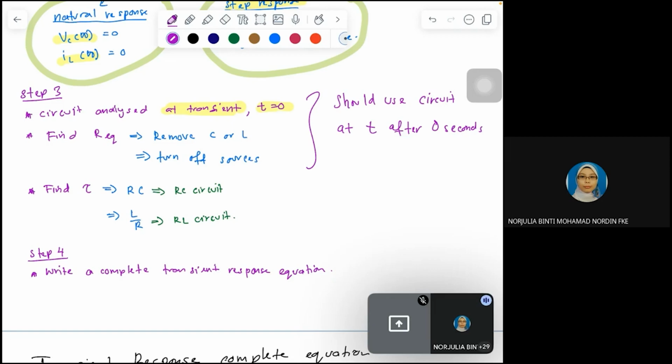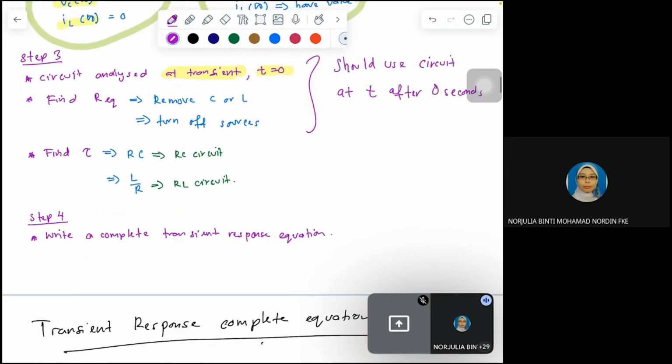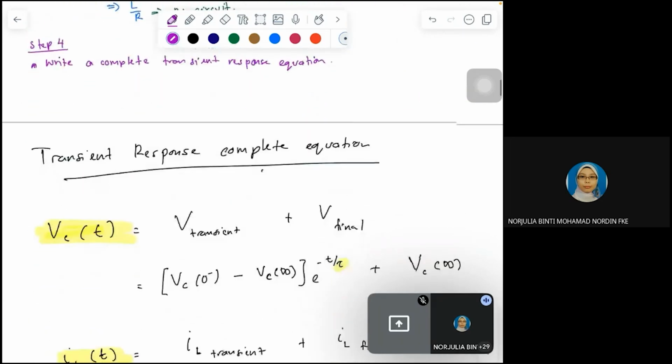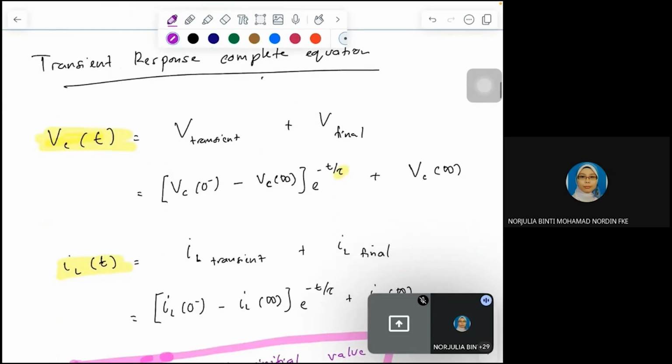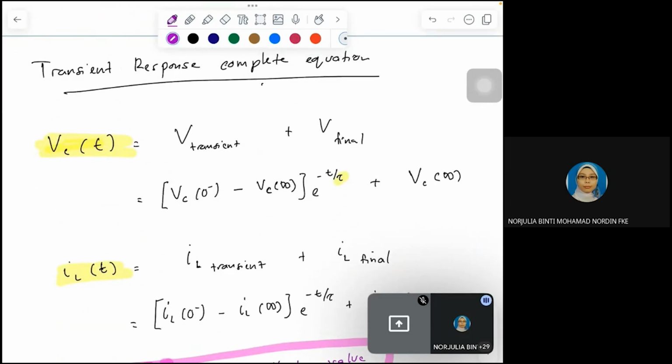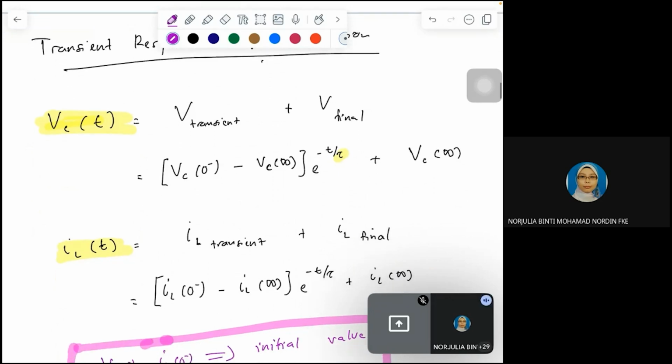And the final step in solving the first order circuit, okay, we need to write a complete transient equation. The complete transient equation depends on what parameter you are required to determine, whether V or I. The general equation of the transient response complete equation is the V transient plus V final.